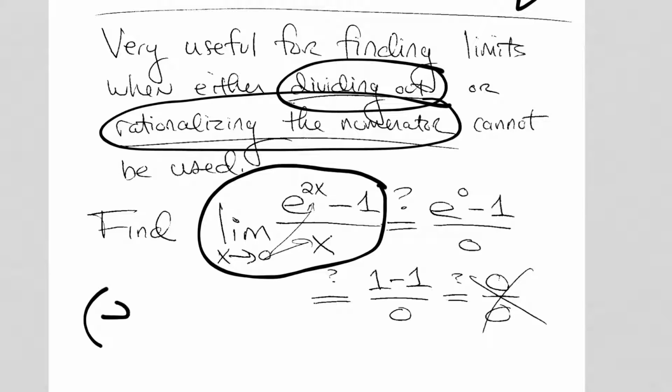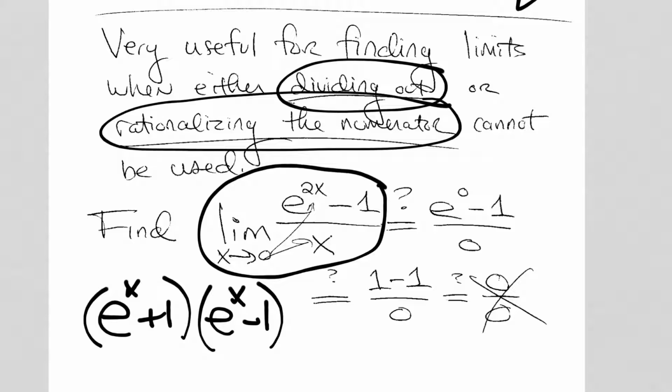And it would look something like this: e to the x plus 1, e to the x minus 1. So it is factorable, but that's not going to help us because these are not the offending factors. When you plug 0 into them, for the first one you would get 2.